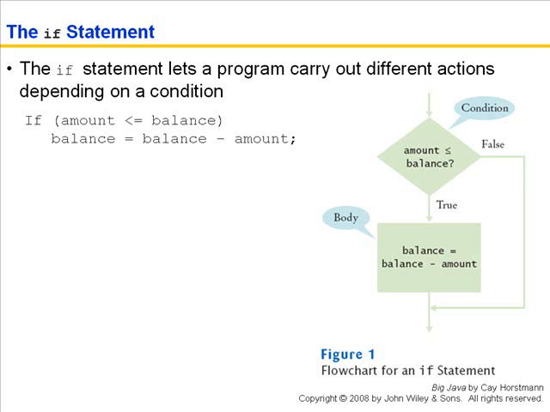If it's true, it will execute the body of the if test, namely balance is equal to balance minus amount. If it's false, it's going to execute the false leg. The false in an if test merely skips over the body of the if test and proceeds at the next statement. So the default is sequencing. So we're going to go to the line of code after the body whether or not the statement is true or not.